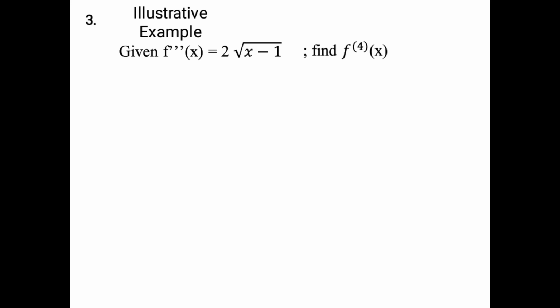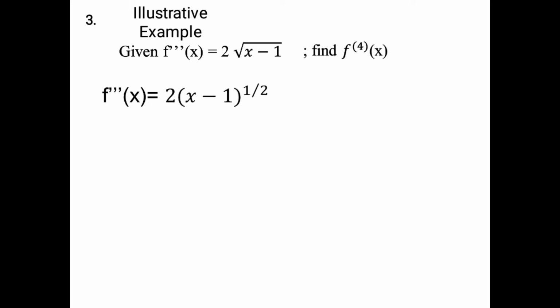The first thing that we need to do is to transform this radical equation into exponential form. It will look like the third derivative of the function of x is equal to 2 times the quantity x minus 1 raised to 1/2.